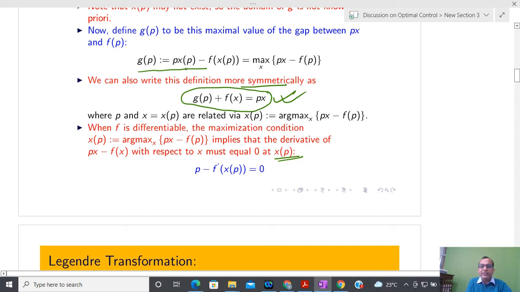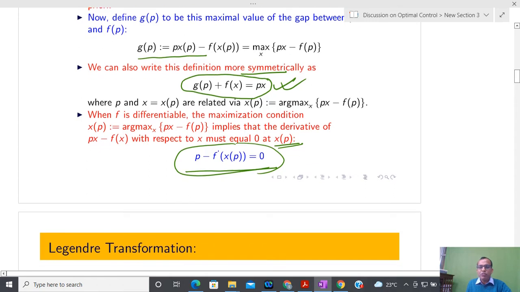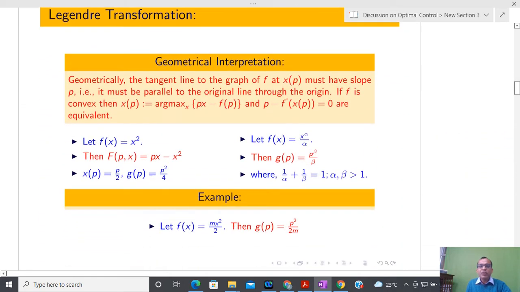So if you take the differentiation of this p x with respect to x, p will come into the picture and f dash equal to 0. So this kind of thing comes into the picture, and by solving this equation I am able to get the value of p.